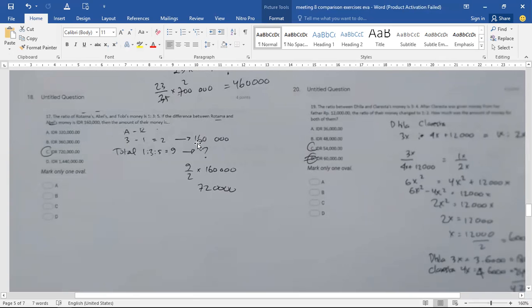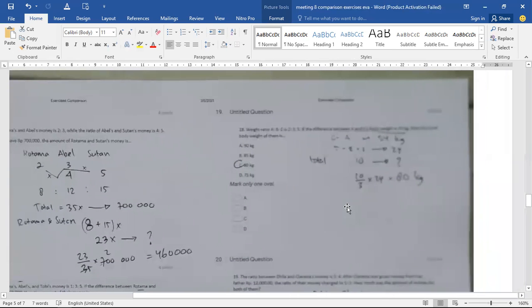So 2 equal with 160,000. And then they're asking about the total. And the total is 3 plus 1 plus 5, so 9. If 2, we have 160,000, how about 9? So 9 per 2 times 160,000. So it is 720,000.